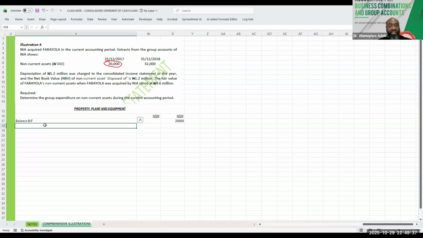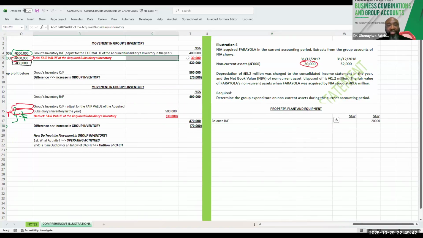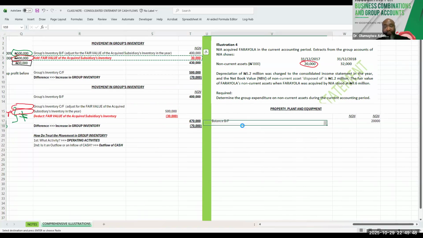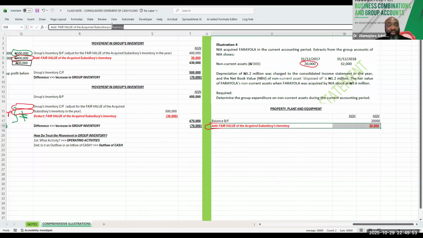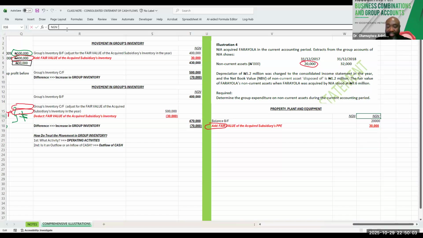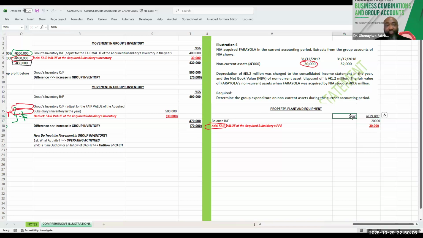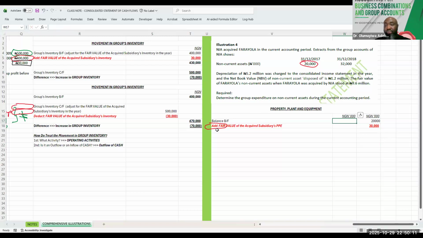Therefore, similar to what we did here, I can add, if I'm using this approach, which is what I will adopt, I will add the fair value of the acquired subsidiaries PPE, which in this case is 9.6 million. Remember, all figures are in thousands. Let me indicate that. Therefore, that's 9.6, 9,600.